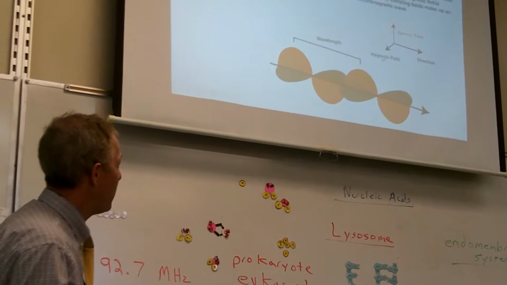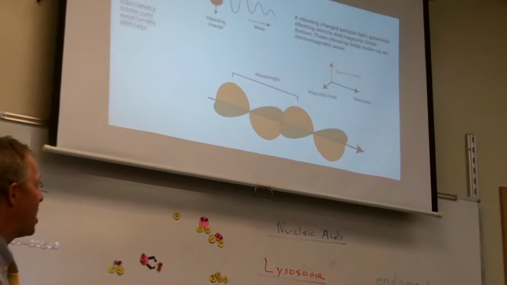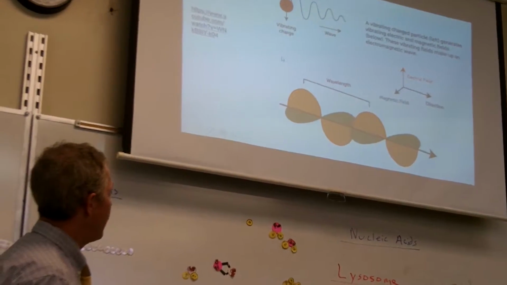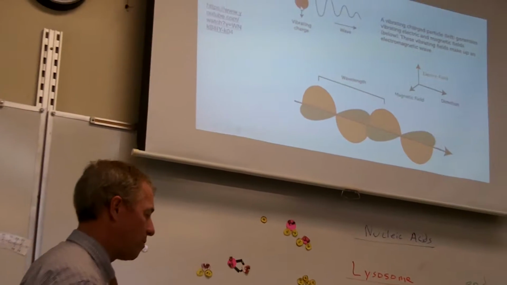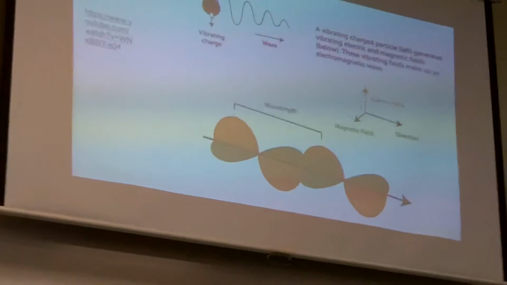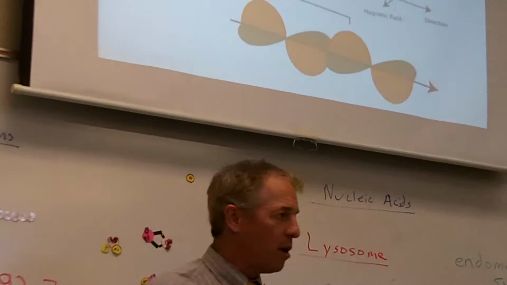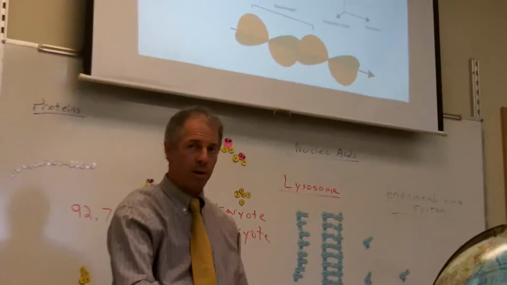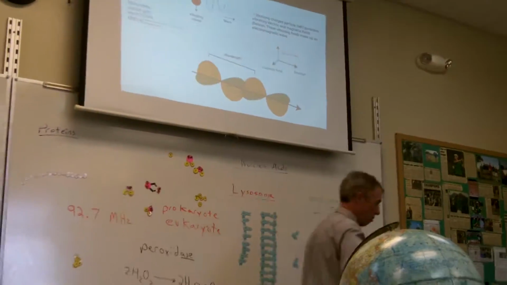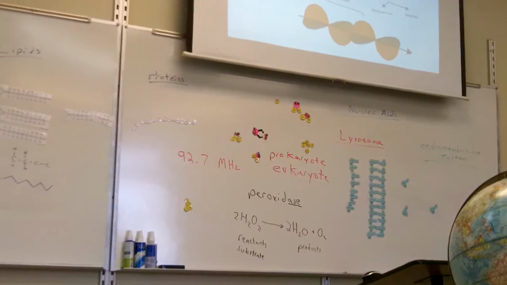It's a magnetic field and electric field interchanging with one another. So let's pretend we have a vibrating particle. Imagine that we have a string, like a rope. I guess we could actually get one in here. Let's do it. Let me get a string.